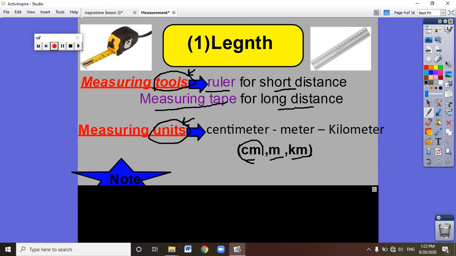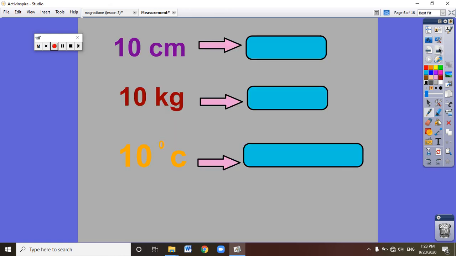Let's see this page. I have here 10 centimeter, 10 kilogram, 10 degree. What is the meaning of each? The centimeter is the unit for measuring the length. So the unit is a symbol that allows us to know what I am measuring.